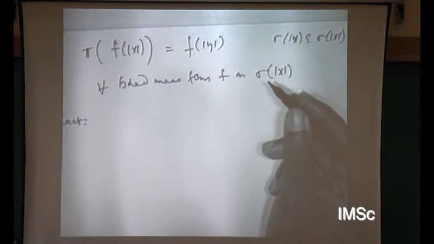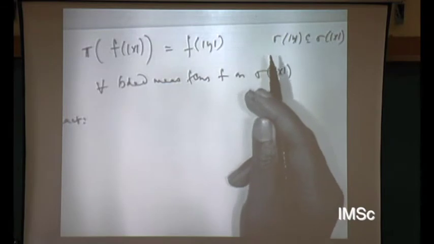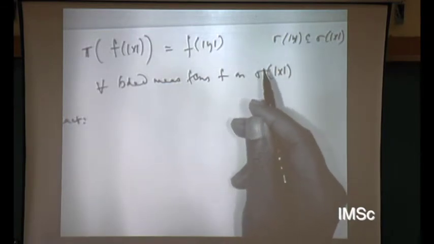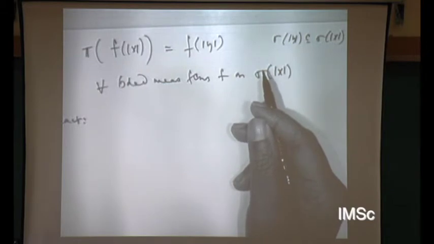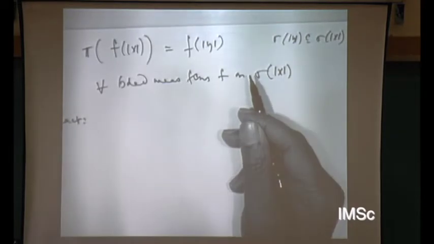There's something called Lusin's theorem, which says that any bounded measurable function agrees with a continuous function outside a set of small measure.